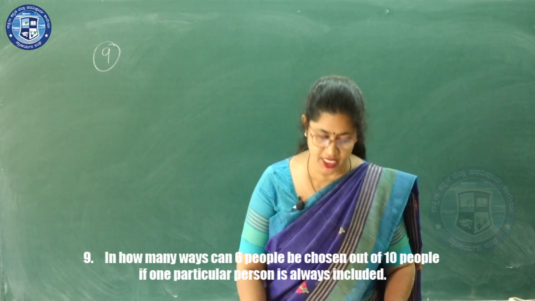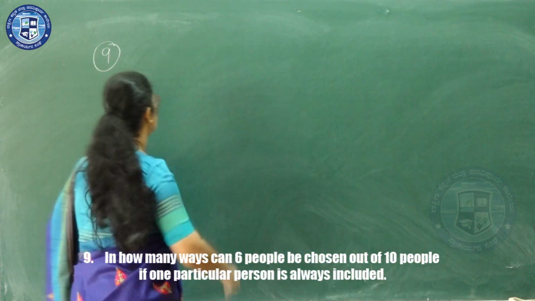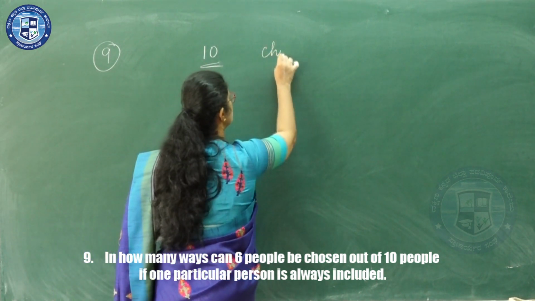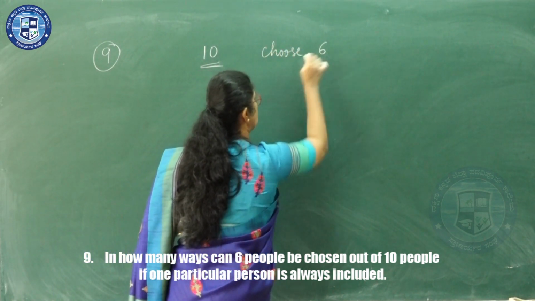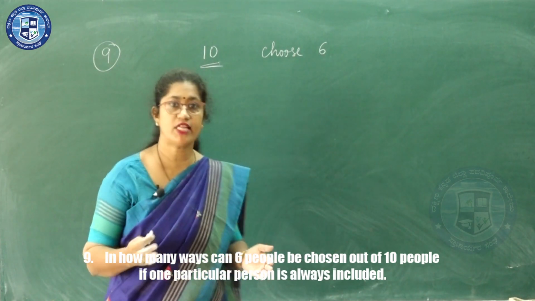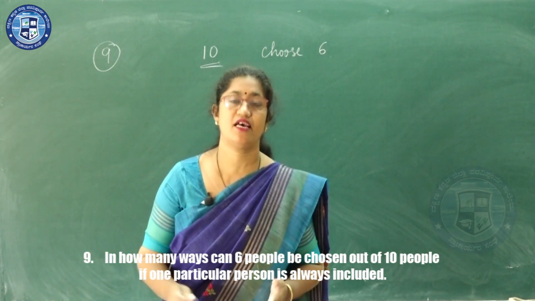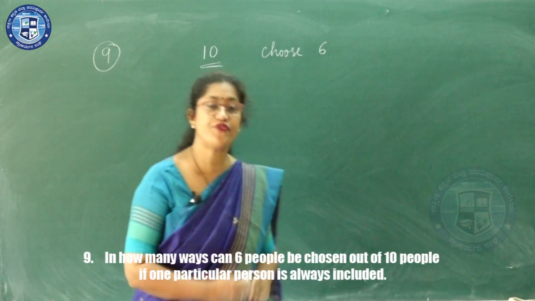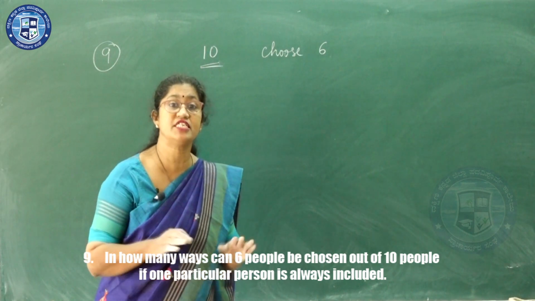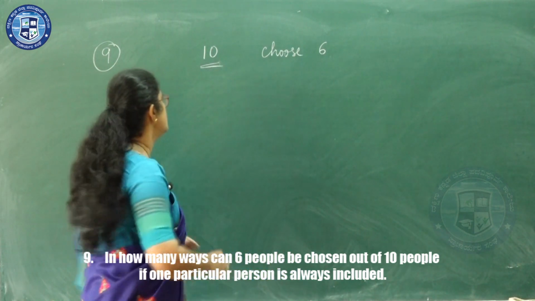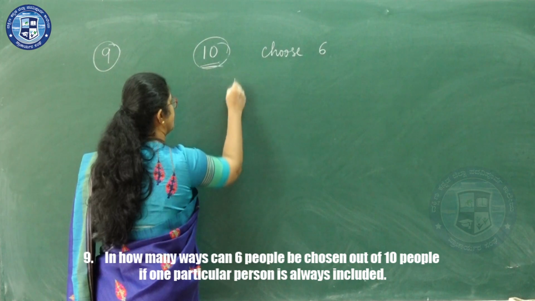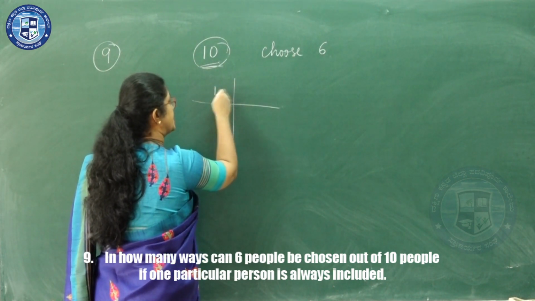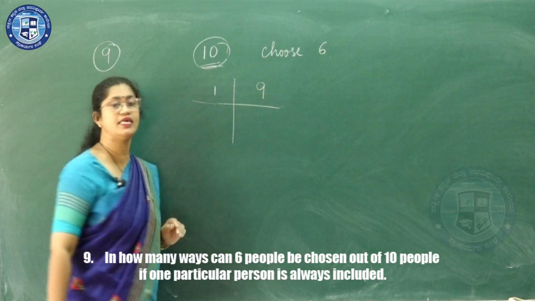Question 9. In how many ways can 6 people be chosen out of 10 people if one particular person is always included? So see this. Totally there are 10 people and we have to choose 6 people. You would have told the answer is 10C6, but there is a condition. What is that condition? Out of the 10, one person is already selected. So now out of this 10, split them, one person is already selected, then there are remaining 9.